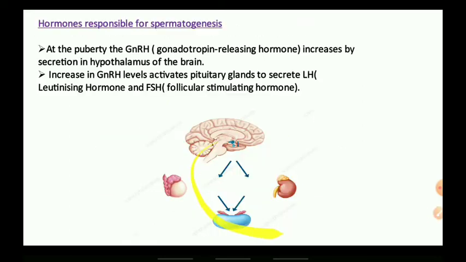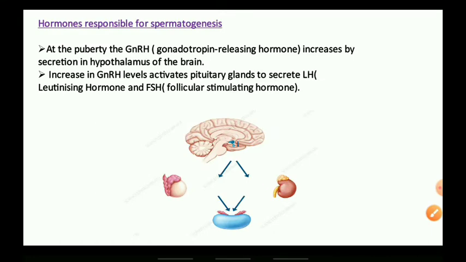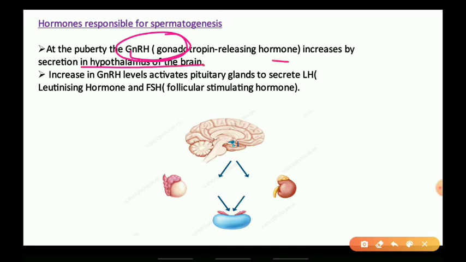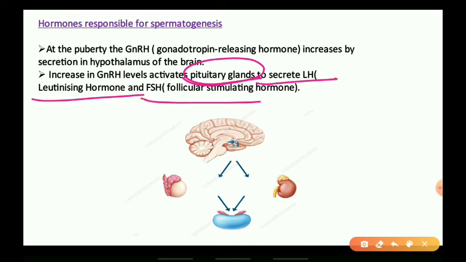When the hypothalamus secretes more GnRH, it activates the pituitary gland to secrete LH, that is luteinizing hormone, and FSH, follicular stimulating hormone.